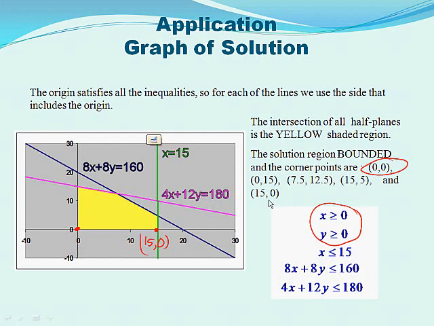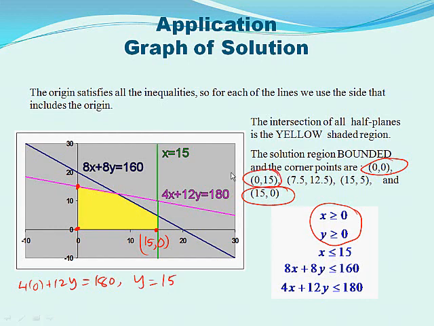Then we have another corner point on the y-axis, which is the y-intercept of the line 4x plus 12y equal to 180. If I substitute x equal to 0, I get 4 times 0 plus 12 times y equal to 180. Solving for y, I get y equal to 15. So that will be the point 0, 15.